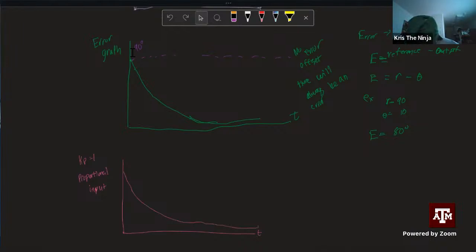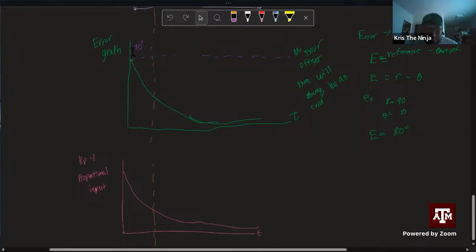So I'm gonna do this in anti A&M fashion, good old anti A&M fashion. We're gonna put this in orange. You should be able to draw a straight line straight through it, and it should tell you exactly the same thing.